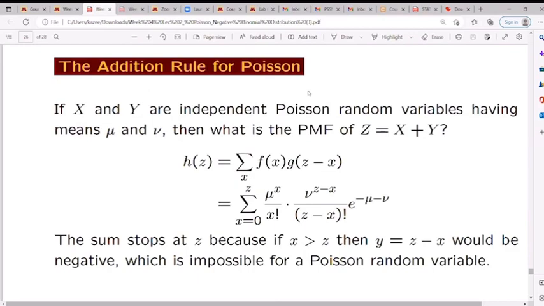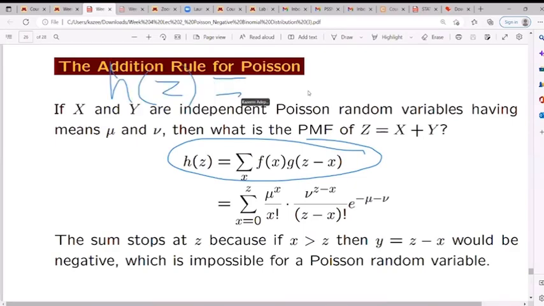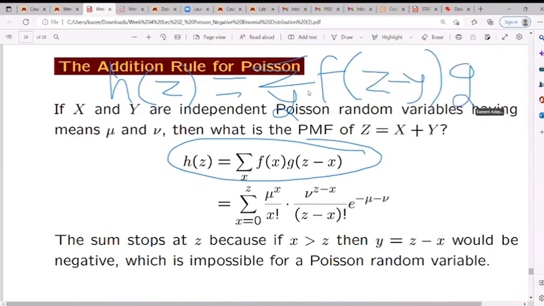Take a look at this. You can actually try that. For those of you who try that, I want you to send it to me. You can have extra credit. Instead of this, I can just write h of z equals the summation over y, so I'm using y. This is going to be z minus y, and then I'm going to have g of y.